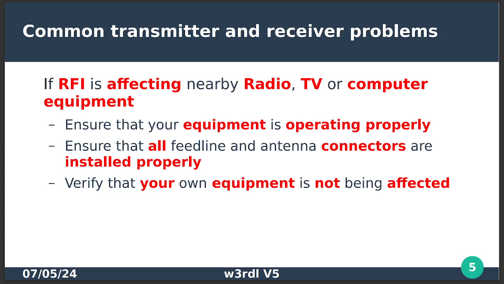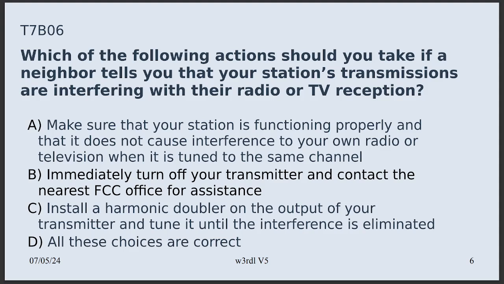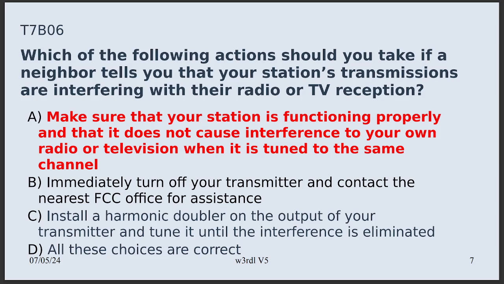Okay. Let's see. Which of the following actions should you take if a neighbor tells you that your station's transmissions are interfering with their radio or TV reception? Alpha, make sure that your station is functioning properly and that it does not cause interference to your own radio, as I just said.